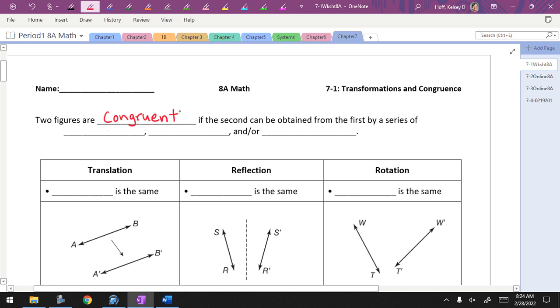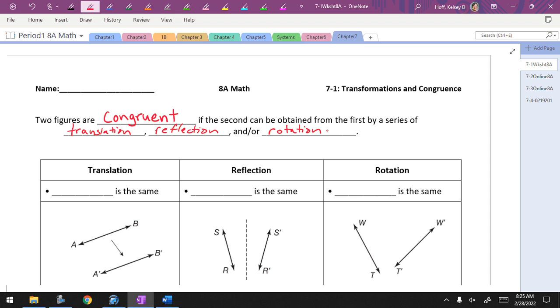And the three that we can use are translation, or in other words, like a slide, a reflection, like a flip, or a rotation, a spin. Translation, reflection, rotation.